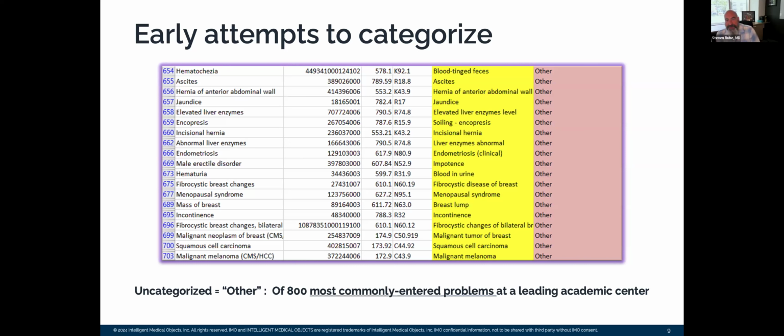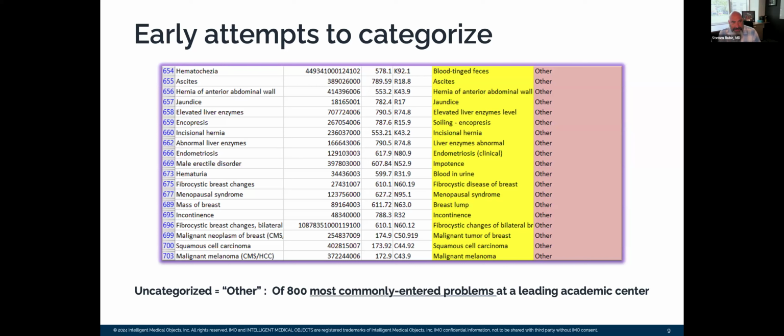It was very difficult to identify problems that should be lumped together or evolving problems. So the idea was to come up with categories to place these in, and that would certainly make the display easier to digest. The problem is that the categories were often nebulous and not effective from a clinical point of view.